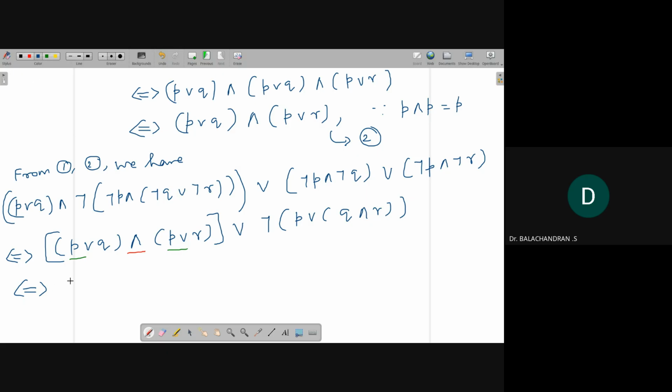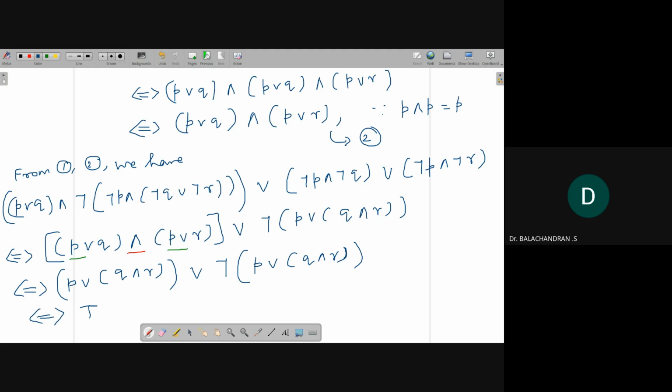So P or common, so Q and R, close the bracket, close the bracket, with this R, and the negation of P or Q and R. So now everything is P or negation P. So we know that P or negation P is what?